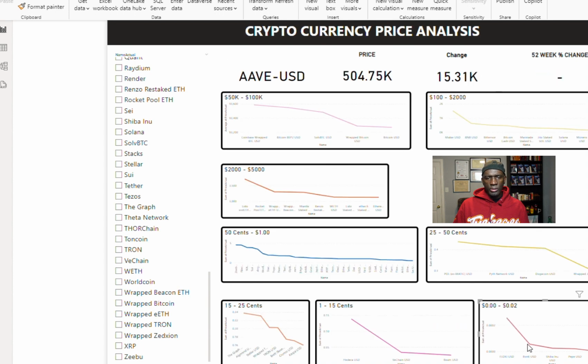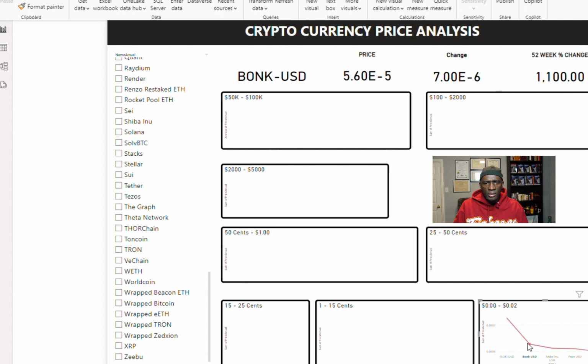And here, let's see, Shiba. We've got Shiba for less than $1. And we've got Bonk, which, man, this is in scientific notation.